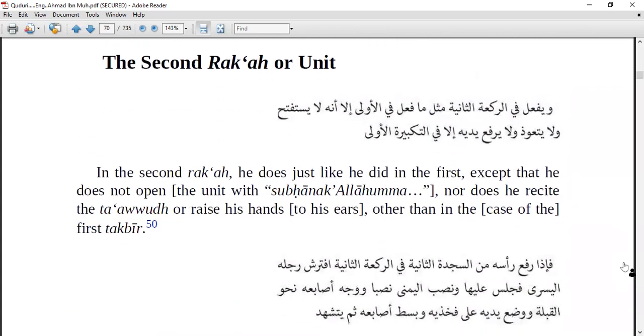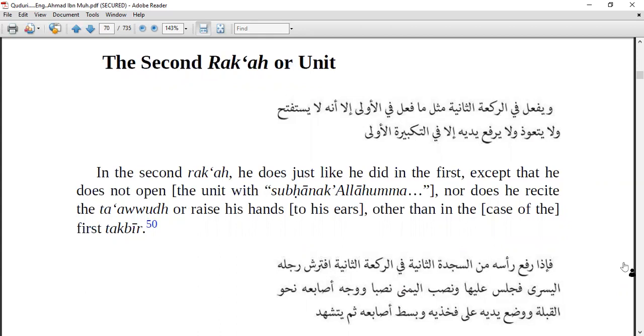So وَيَفْعَلُ فِي الرَّكْعَةِ الثَّانِيَةِ مِثْلَ مَا فَعَلَ فِي الْأُولَى. You do exactly the same thing that you did in the first unit. إلا أنه لا يستفتح ولا يتعوذ ولا يرفع يديه إلا في تكبيرة الأولى. Except for 3 things that you don't have to do this time in the second unit.